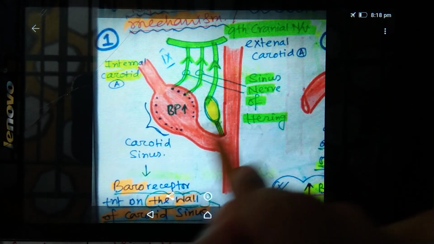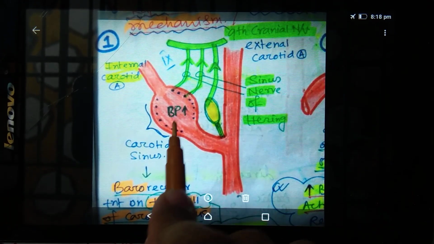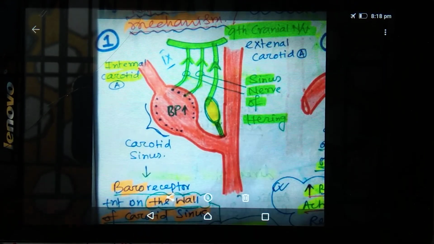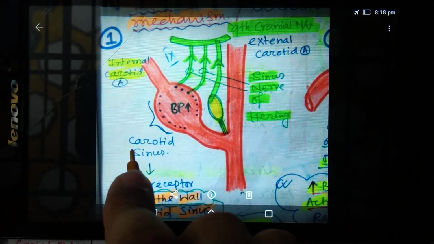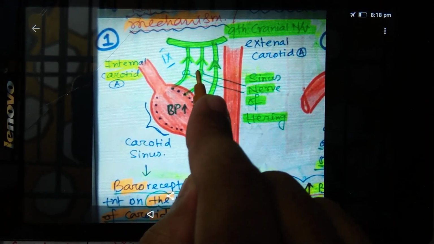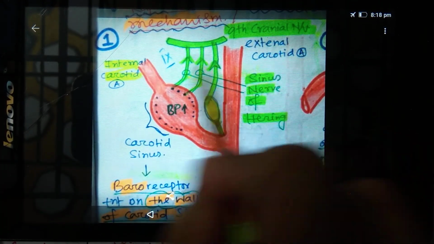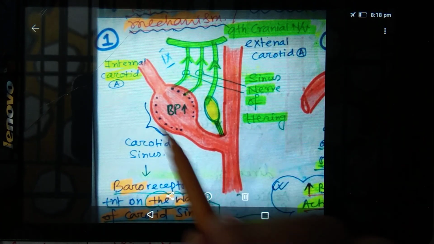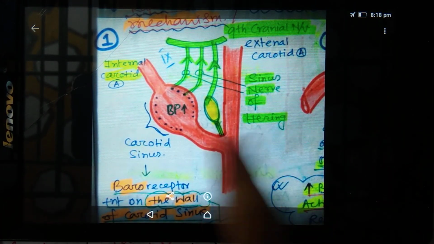This is called the sinus nerve of Hering. So the change in blood pressure is carried by the sinus nerve of Hering to the ninth cranial nerve, then to the central nervous system, and then it regulates the blood pressure.